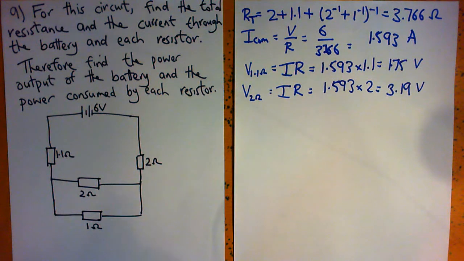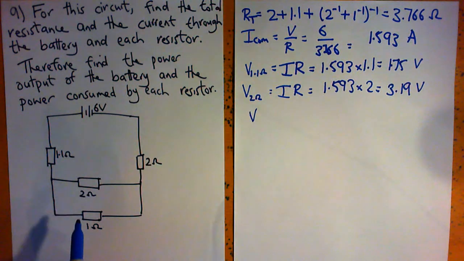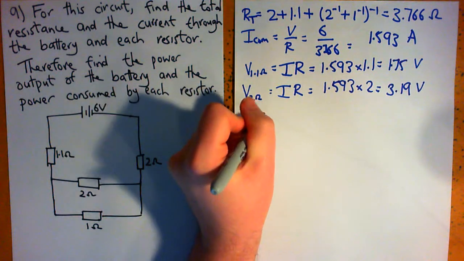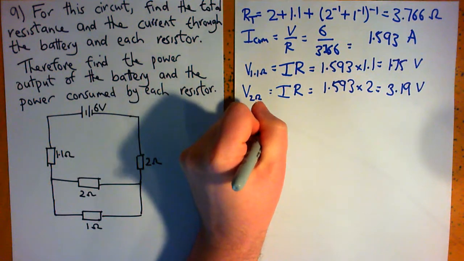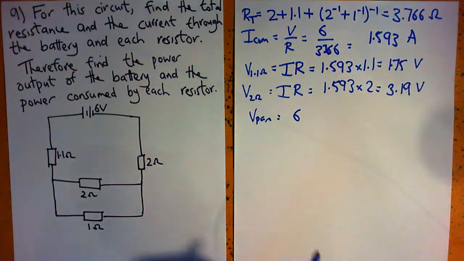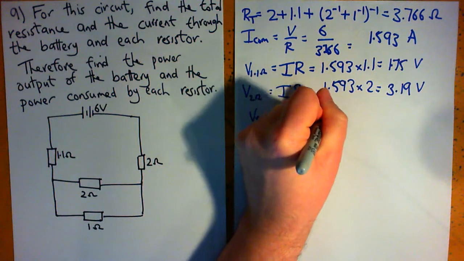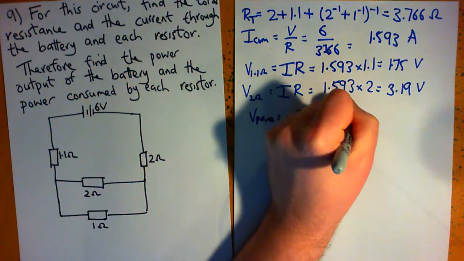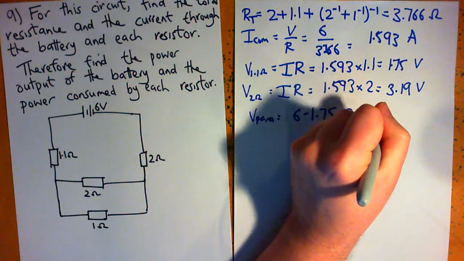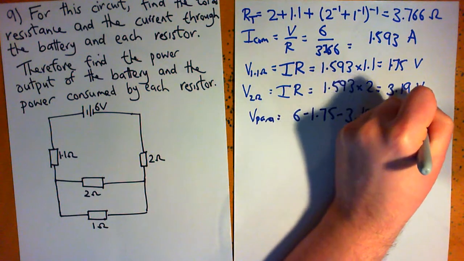So for the parallel resistors, this 2 ohm resistor and that 1 ohm resistor, the voltage is going to be equal to 6 volts, which is the voltage across the battery, minus 1.75 minus 3.19, and that gives us an answer of 1.06 volts.